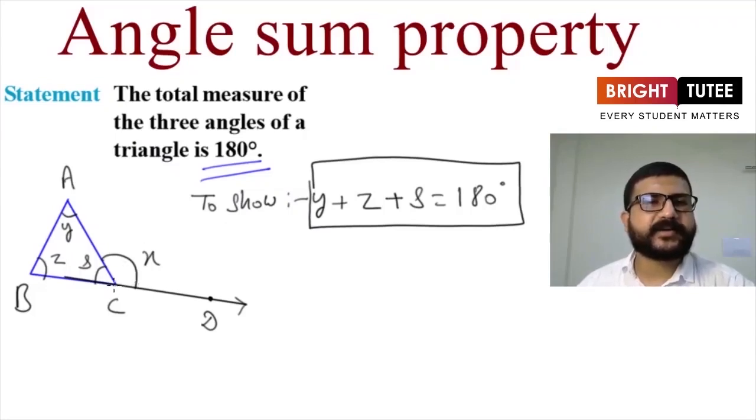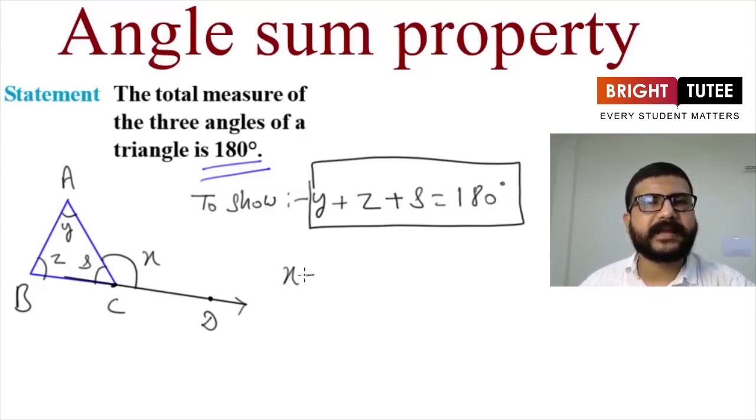Let's check it. So here they are having a common vertex, that is this vertex C, and they are having a common arm, that is CA, and their uncommon arms are forming a straight line, that is they are opposite rays. So it means these 2 angles are forming a linear pair, and we know sum of angles in a linear pair is equal to 180 degrees.